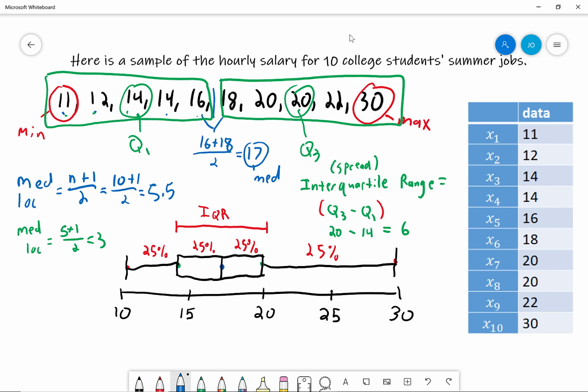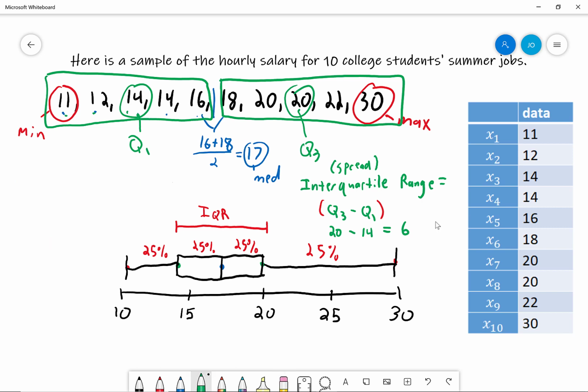So let's see how we can use this IQR to detect outliers, because that's what's really cool about box plots. We're going to take Q3, and this may seem like a random formula to start, and we're going to add to our Q3 the quantity of the IQR times 1.5.